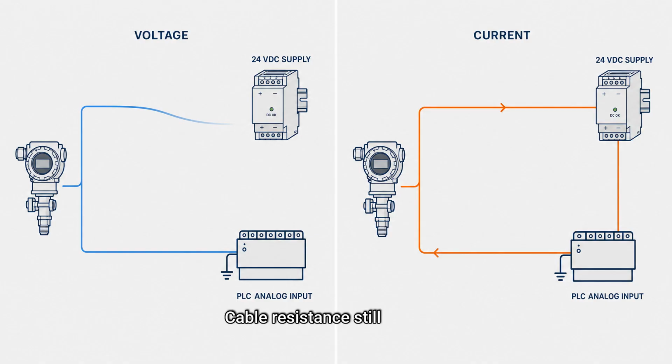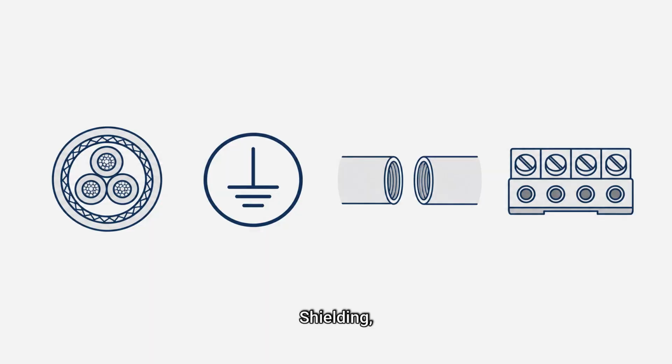Cable resistance still matters, but it causes a voltage drop rather than directly changing the commanded current, provided the power supply has enough compliance voltage. Shielding, grounding, separation from power conductors, and correct termination are still important. A current loop is robust, not invulnerable.